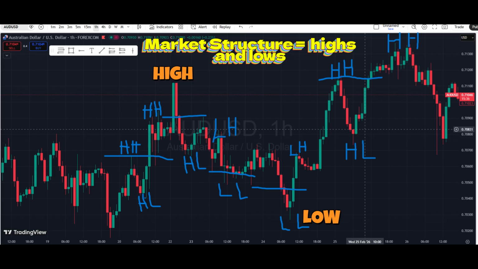Price retraces but fails to break the previous high. Price drops again and breaks the previous low, which is a lower low. So the rule here is: in a downtrend, look to sell at the lower highs, not at the lows. Most beginners make the same mistake of selling the bottom, while the professionals wait for the retracements to sell.